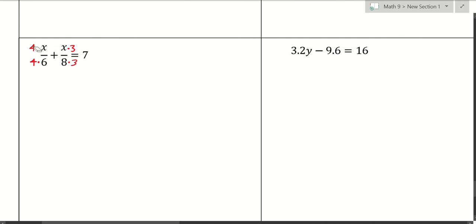You can see that we have worked on the left-hand side of this equation, and you might be tempted to also multiply the right-hand side by 3 and by 4, but you actually don't have to here, because in this particular case we haven't multiplied the whole left-hand side by anything.